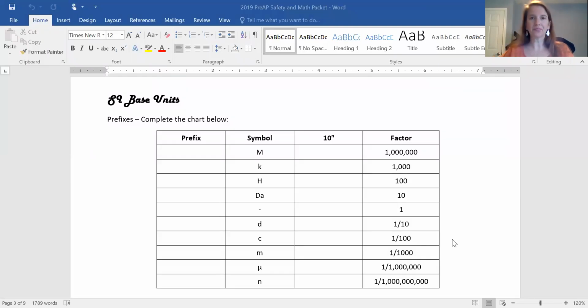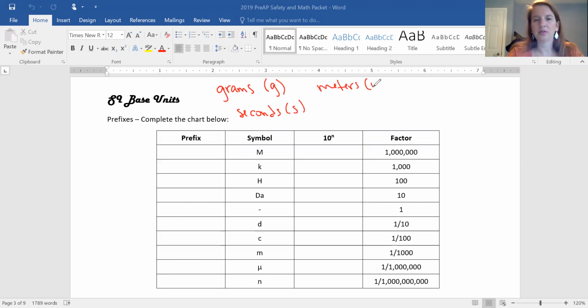All right, so first off, we use these metric prefixes on what we call our base units. For example, we can have grams, which is just a unit of mass that we abbreviate with a G. We can have seconds for time that we abbreviate with an S. We can have meters for length that we abbreviate with an M. We could have liters for volume that is represented by a capital L. We have watts, we have calories, and a bunch of other units that we'll talk about as the year goes on.